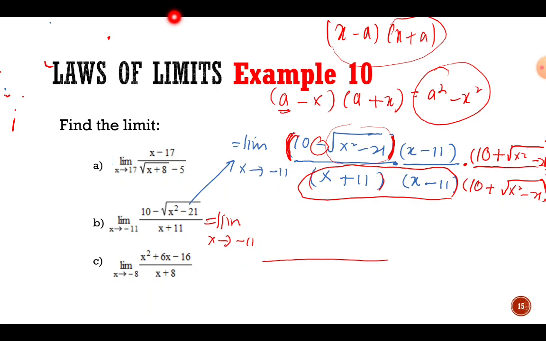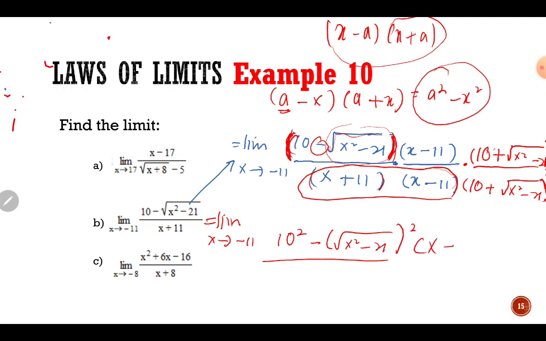Yang ni kita akan dapat, okay, yang ni kita biarkan dulu. Okay, sebab dia nampak cantik je nombor dia kan. Yang atas ni kita cuba, sebab kita nampak serabut kan square root ni. Kita cuba untuk hilangkan square root ni. So kita akan dapat 10 square. Okay, sebab dia darab conjugate kan. 10 square tolak, okay, square root of X square tolak 21 square.